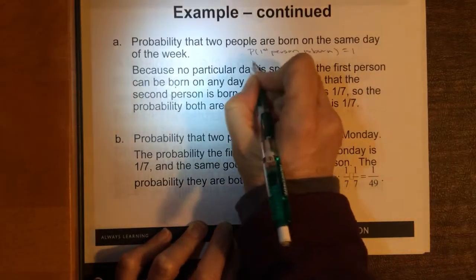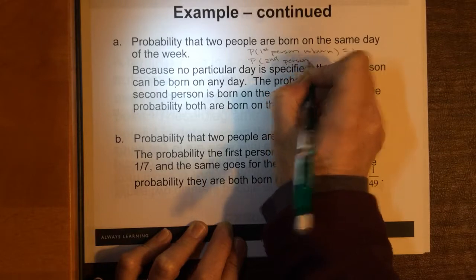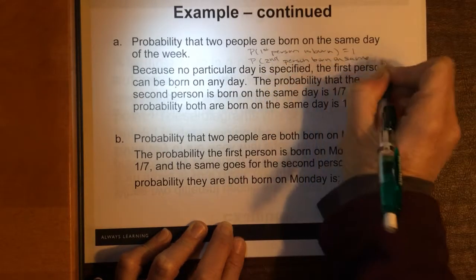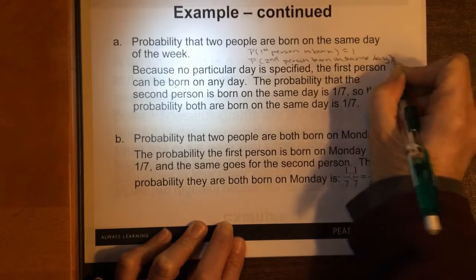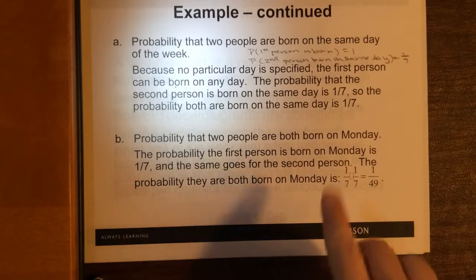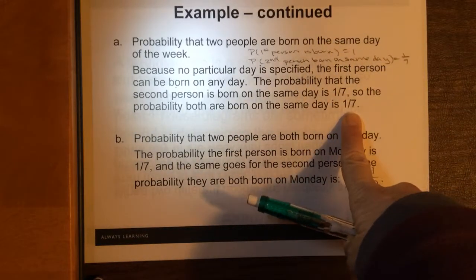But now for the second person born on the same day, well, now that probability is just 1 out of 7. Because whatever day the first person was born, the second one has to be born that same day. So I'm taking 1 times 1 over 7, and I'm getting 1 over 7.